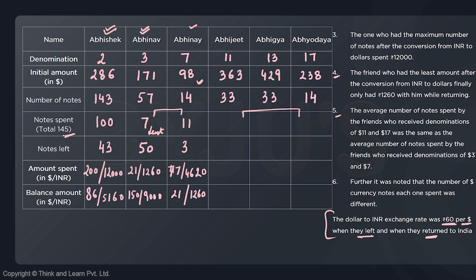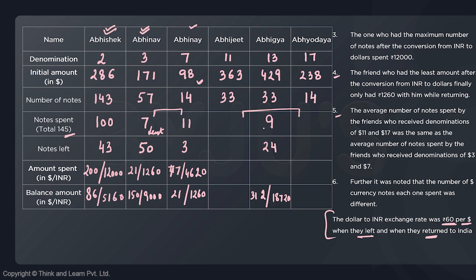The remaining, 145 minus 136, that is 9 notes, are spent by Abhigya. 9 notes are spent by Abhigya, which means he is left with 24 notes. If he is left with 24 notes, he is left with 24 into 13. 13 fours are 52, 13 twos are 26 plus 5, so $312, that is 18,720 in INR.